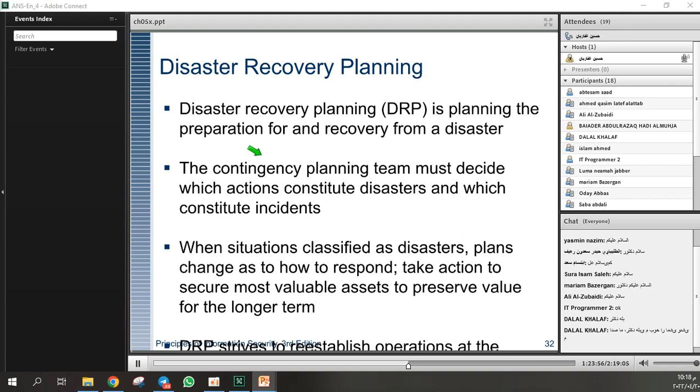When we are talking about an incident, it's a limited event, but a disaster is not a limited event. A disaster is a bad event with a large amount of damage.